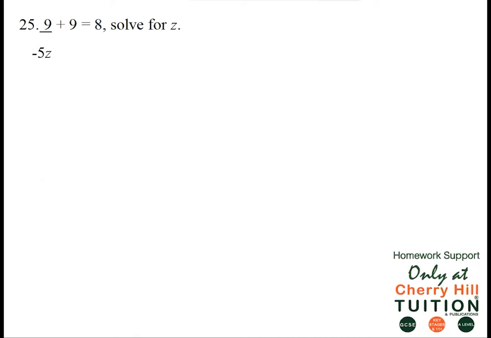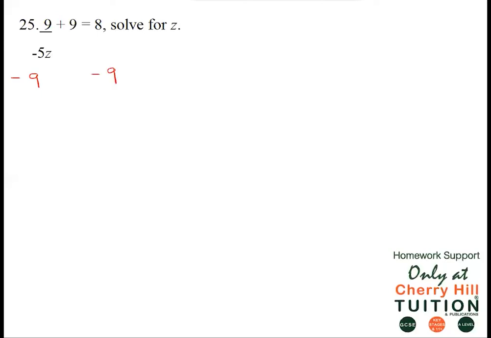So let's start by taking 9 away from both sides, because we can collect the like terms. So this plus 9 we can bring to the right-hand side and collect the like terms. In order to do this, we minus 9 on both sides.